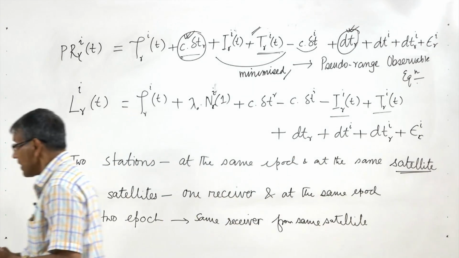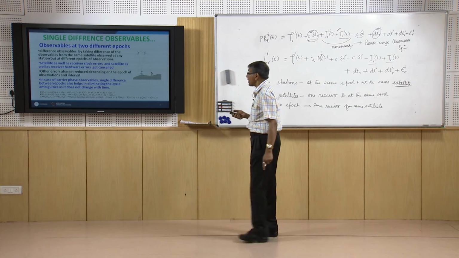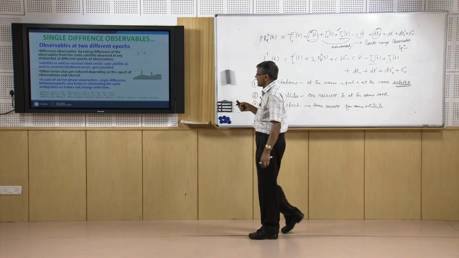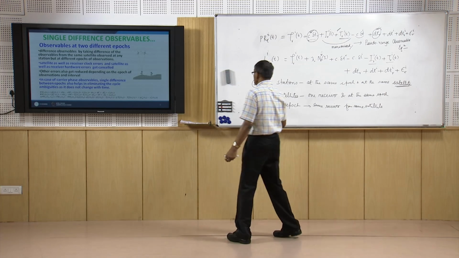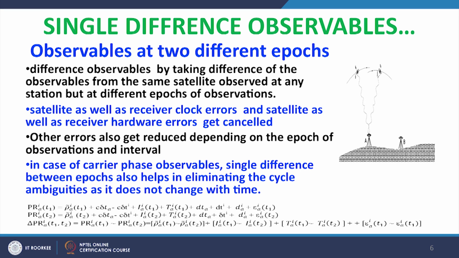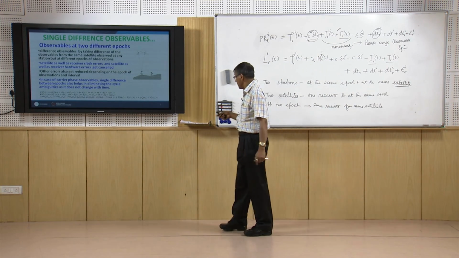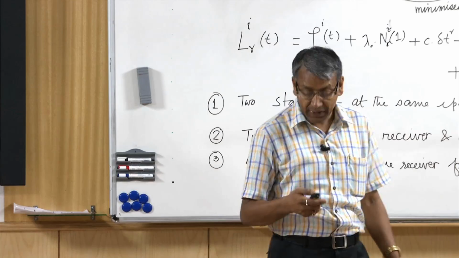As the signals are coming to the same receiver and from the same satellite, it is expected that the errors arising out of the space segment as well as the receiver segment are both removed or minimized, and other errors will also be minimized depending upon the time interval between the two epochs. This is a very important type of difference. It is called delta range and it has many other uses and applications.